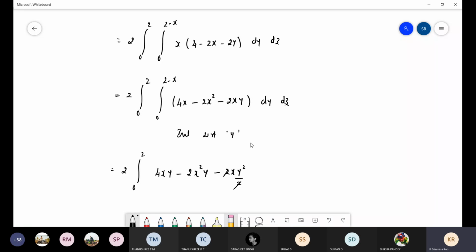Here 2 and 2 cancel, and I substitute 0 to 2 minus x, dx. Now substitute.